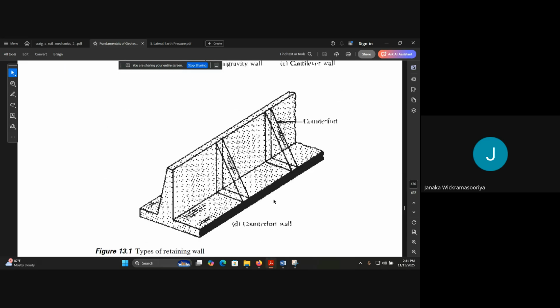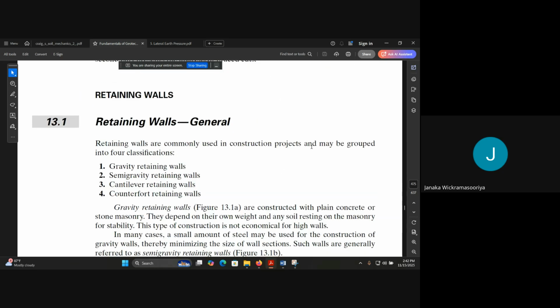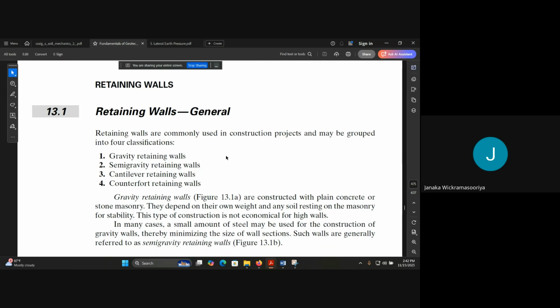And this is the counterfort wall. There are counterforts. So these are the types of retaining walls. Sometimes there might be questions asking what are the types of retaining walls. So I will give you 1 minute to write down these types of retaining walls.